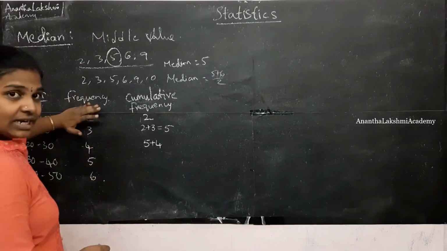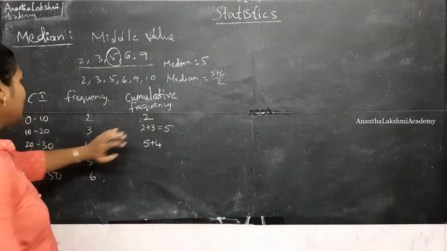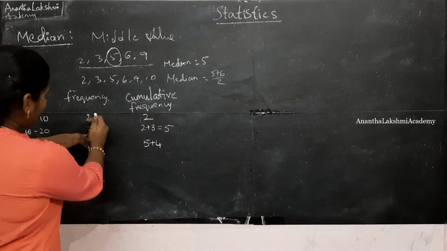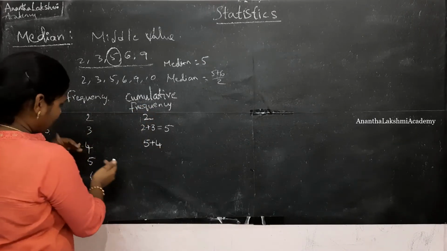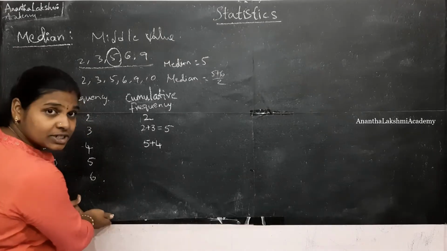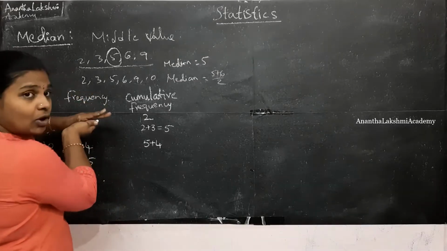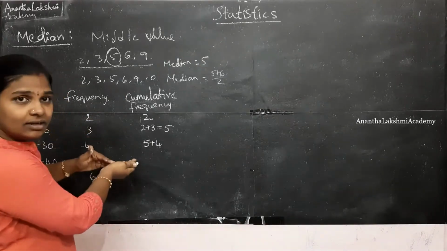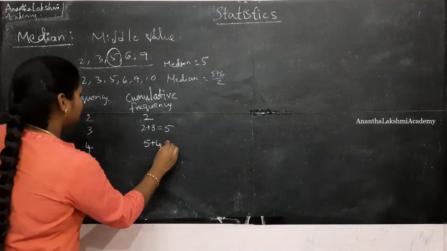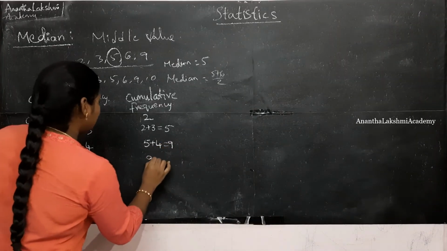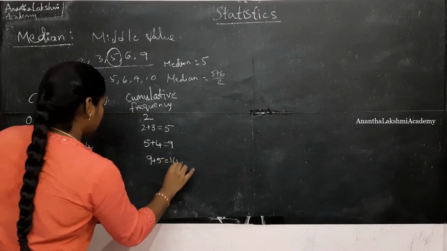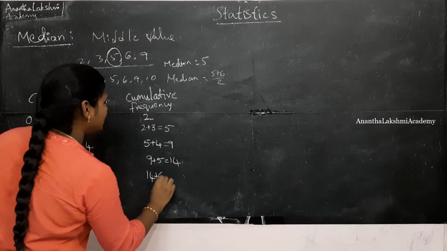Initially the observation is 2, for that we add 3, and to the added value we add 4. However many observations there are, we sum up all the frequencies till that particular one. 5 plus 4 is 9, 9 plus 5 is 14, and 14 plus 6 is 20.